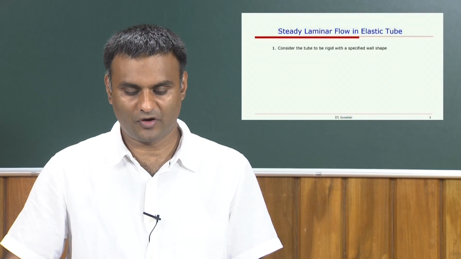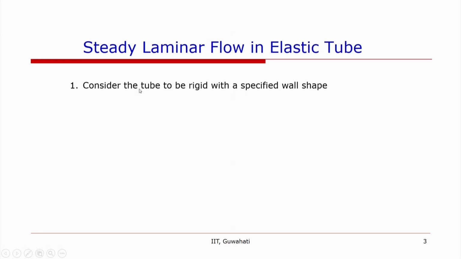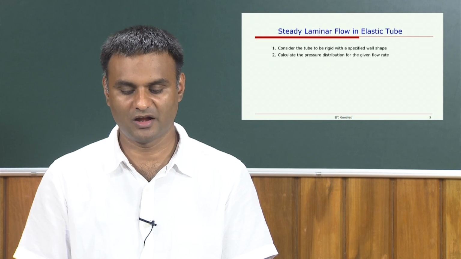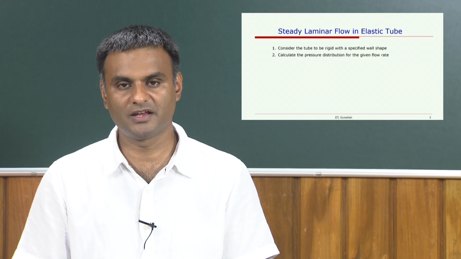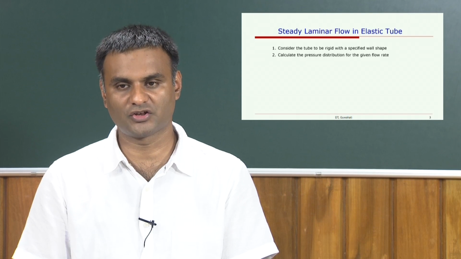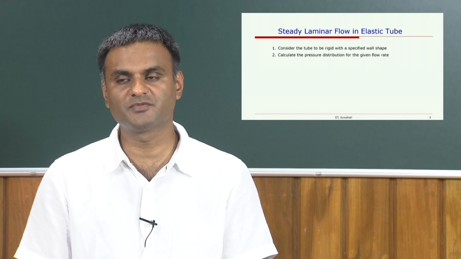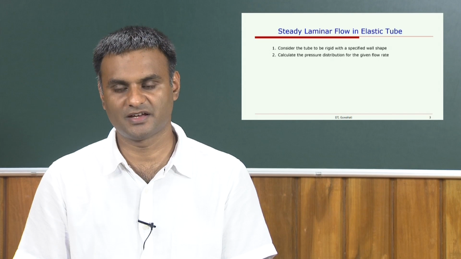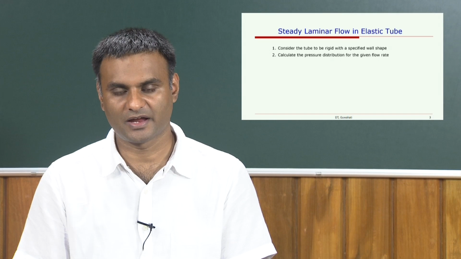So, for this rigid tube with the specified wall shape, we calculate the pressure distribution for the given flow rate. This is the simplest problem that we have considered, which can be valid for small deformations in the channel, where the velocity in the radial direction can be neglected, and the gradient of velocity in the axial direction, del u by del x, can be neglected.